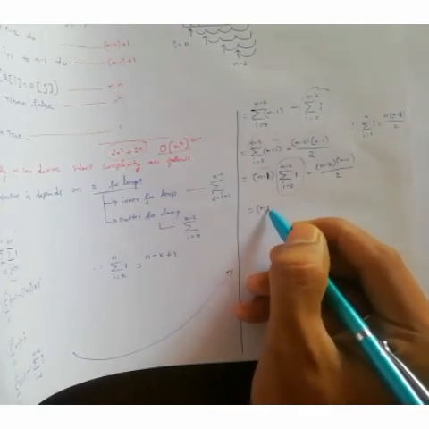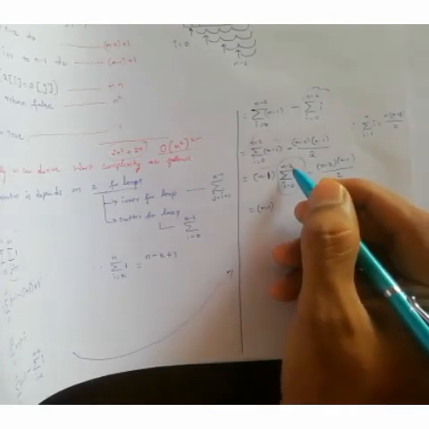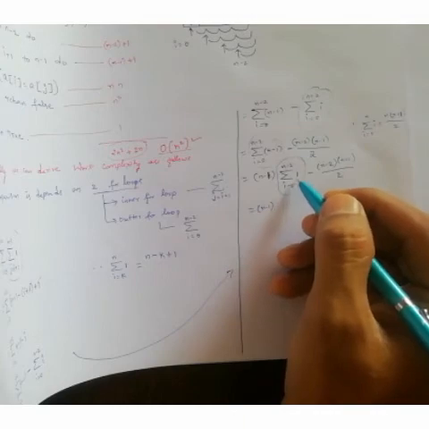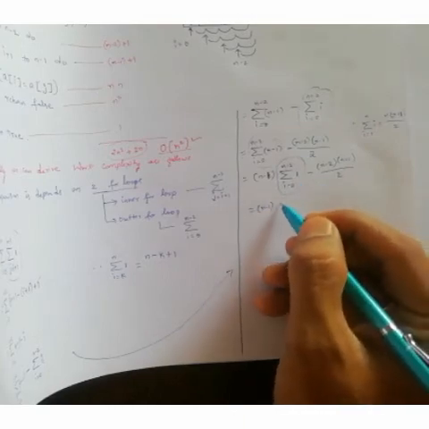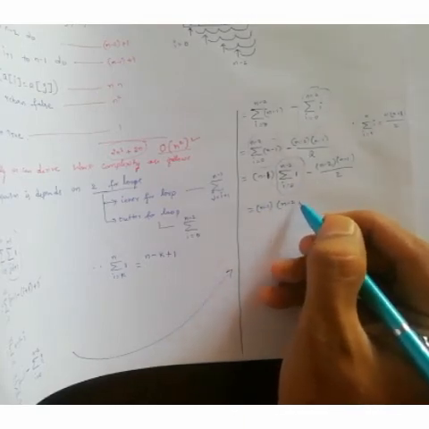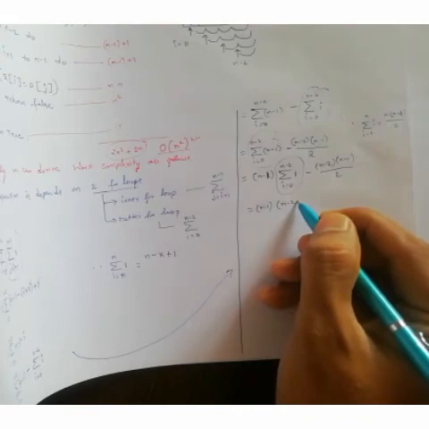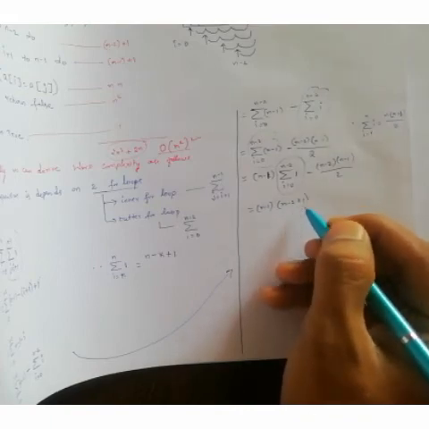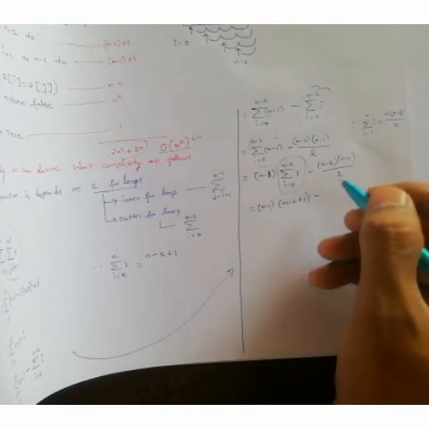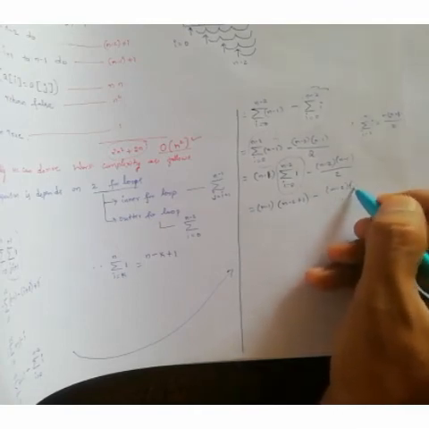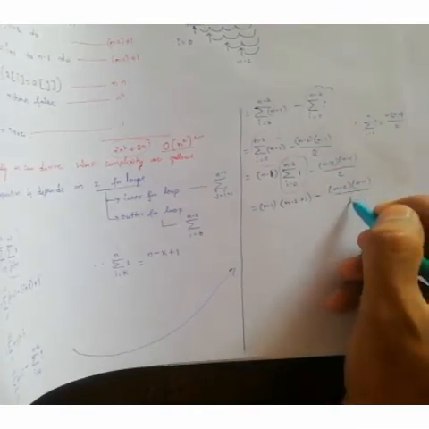So n minus 1 common. So upper limit minus lower limit plus 1. So what will it become? N minus 2 minus 0 plus 1. So minus n minus 2 n minus 1 divided by 2.